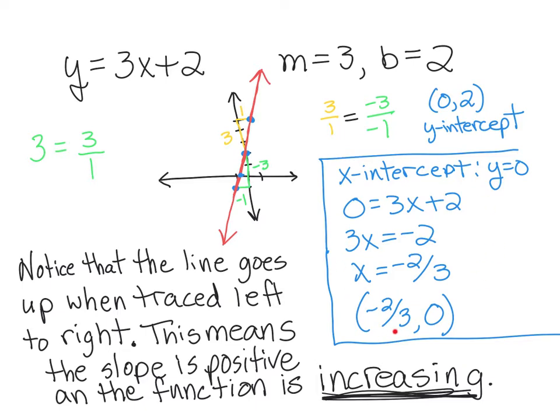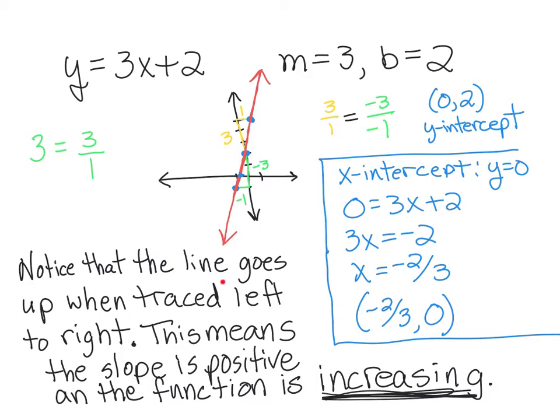You could never figure out negative 2/3 perfectly if you were just eyeballing the graph. Even if you're using graph paper and a fine point pencil and a straight edge, you're not going to get it right unless you do the math. So for finding these intercepts and for finding your slopes, don't guess, do the math.